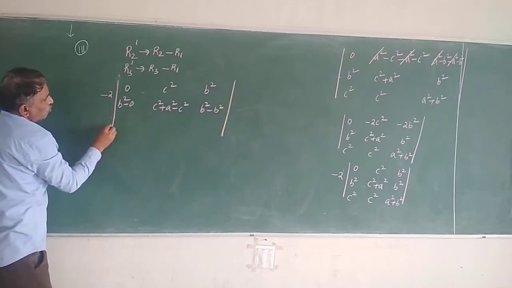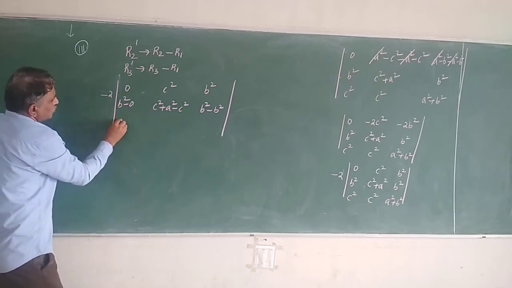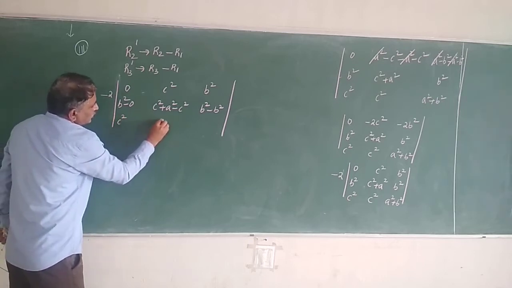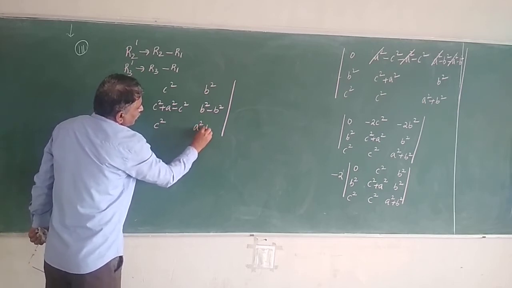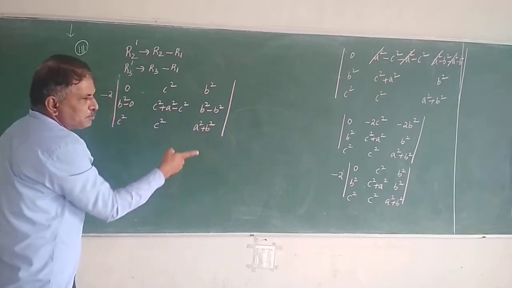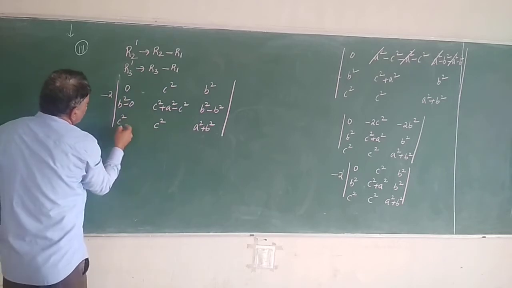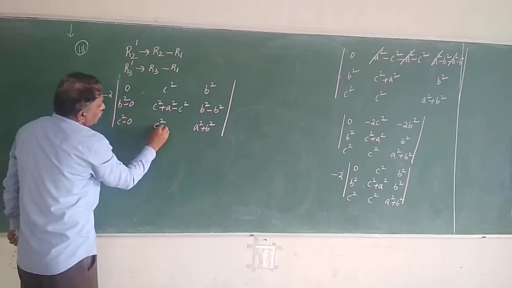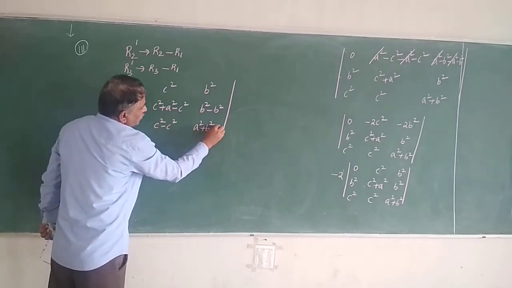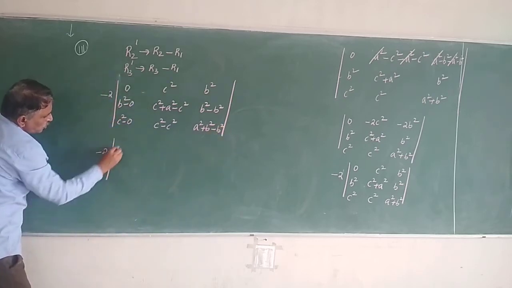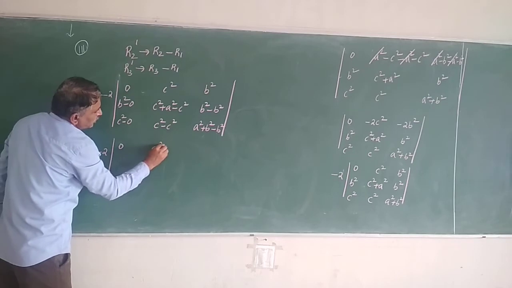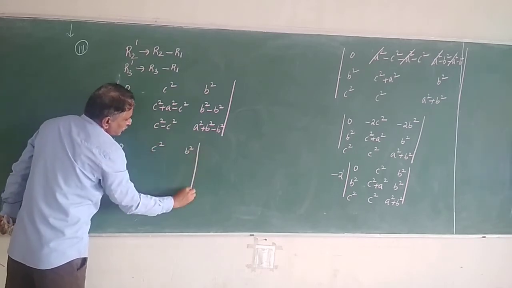Similarly, third row. What is the third row? C square, C square, A square plus B square. How am I changing the third row? I am changing the third row by subtracting with the first row: minus 0, minus C square, minus B square. So minus 2, 0, C square, B square.